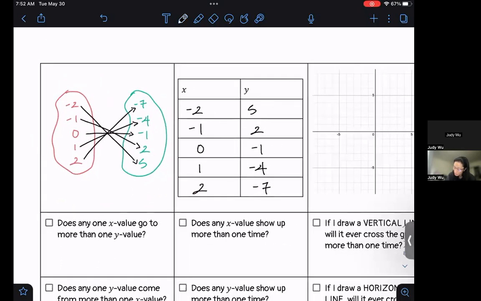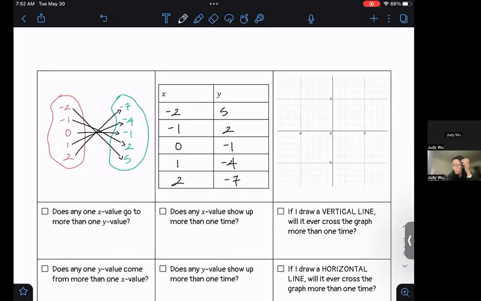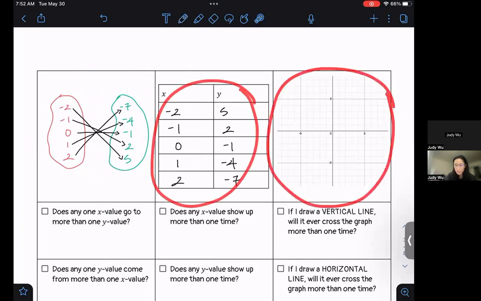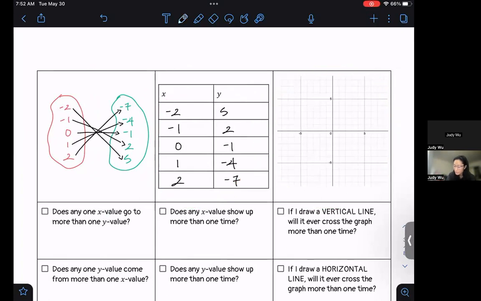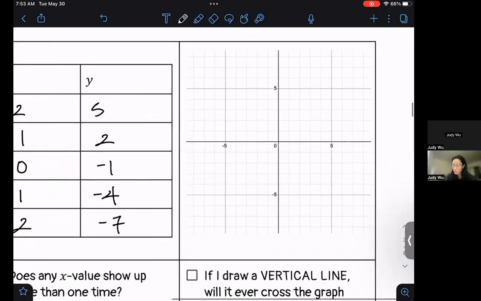The last representation we're going to look at, before we look at the questions, is the picture. I'm going to take these 5 coordinate points and plot them on this graph. For some of us, maybe it's been a while since we've graphed, so let's remind ourselves of a few things.